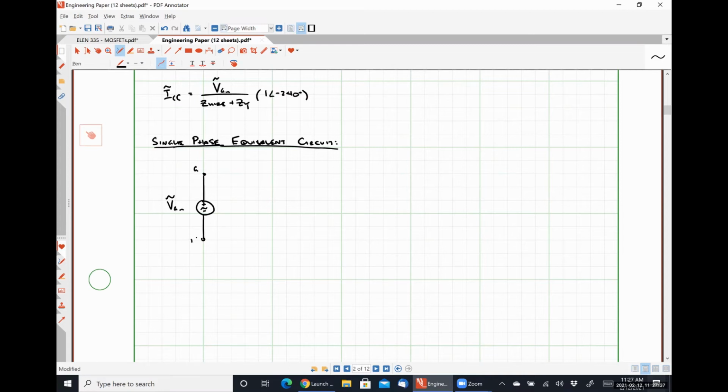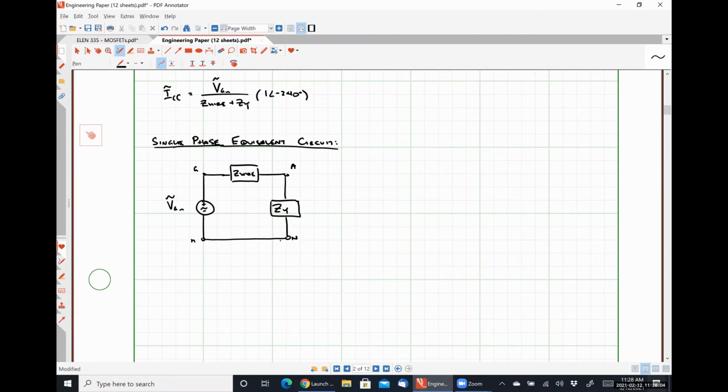Here's A, here's lowercase n. Here's Z wire. Here's capital A. Here's ZY. Here's capital N. Short circuit.